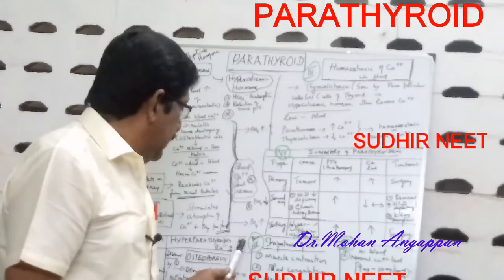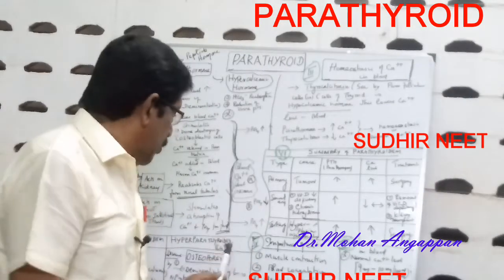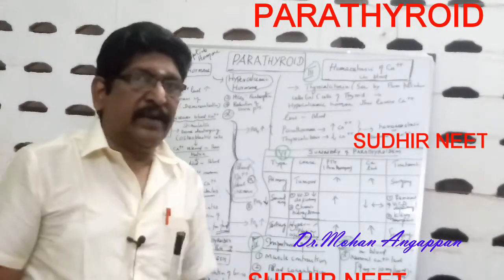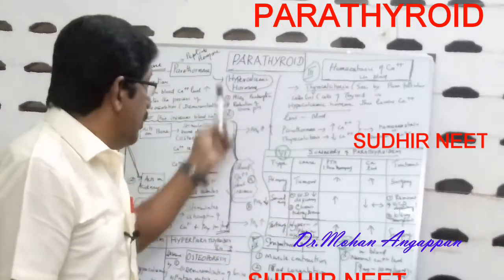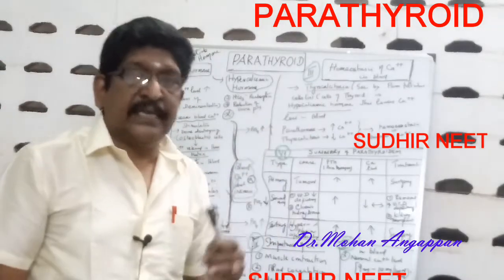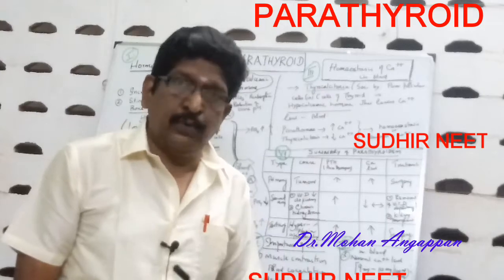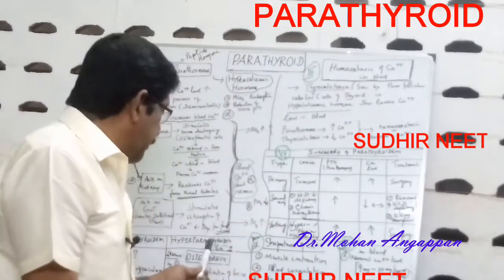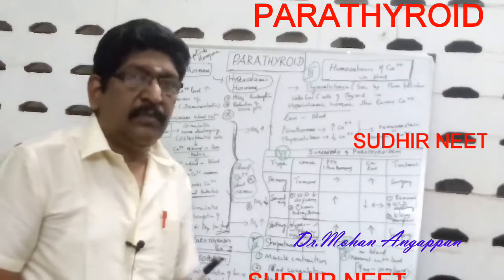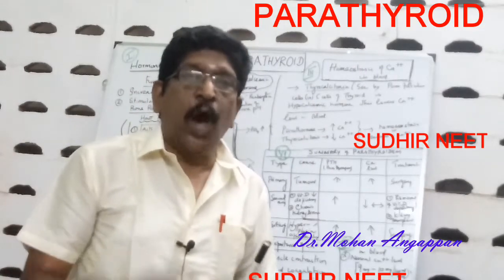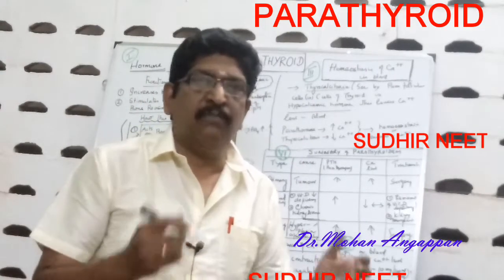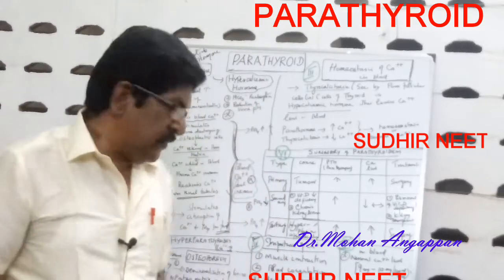If the Parath hormone level increases, the calcium level increases, so it is called hyperparathyroidism. This leads to the disease osteoporosis, the weakening of bones.